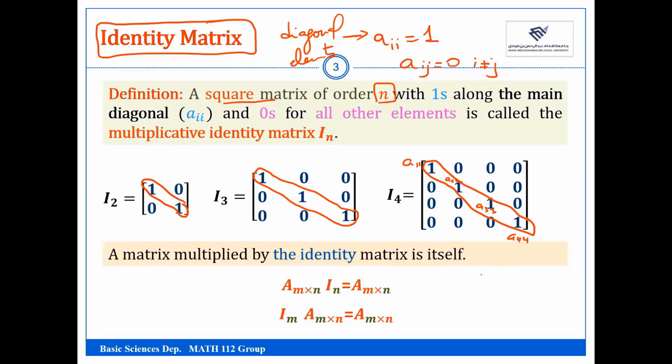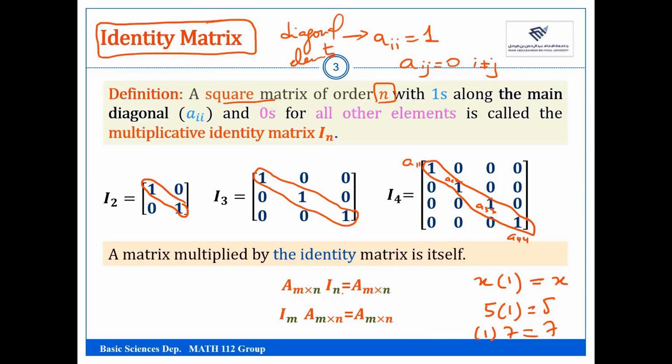We know that any scalar x multiplied by 1 gives you x. 5 times 1 is 5, 1 times 7 is 7. This is for scalars. So the identity for multiplication of scalars is 1. The identity for multiplication of matrices is In.